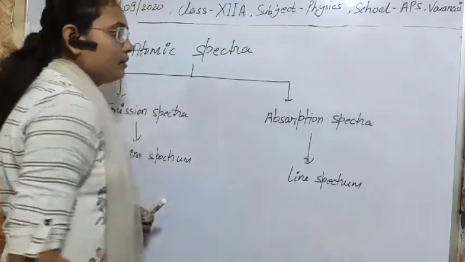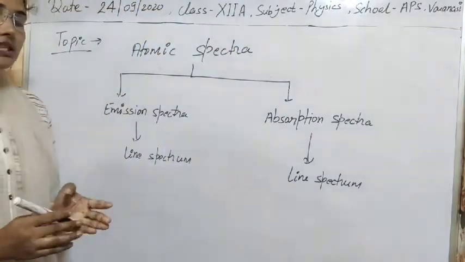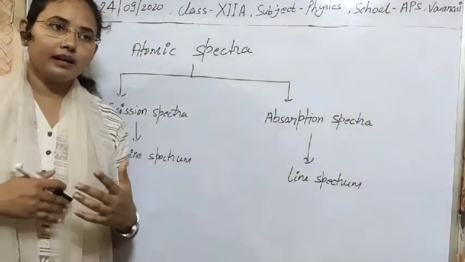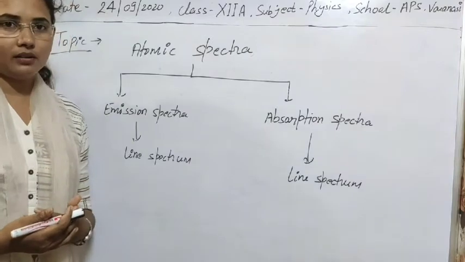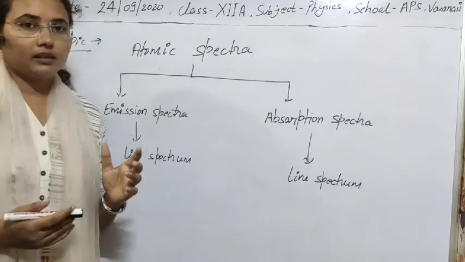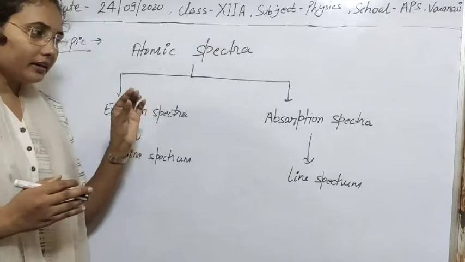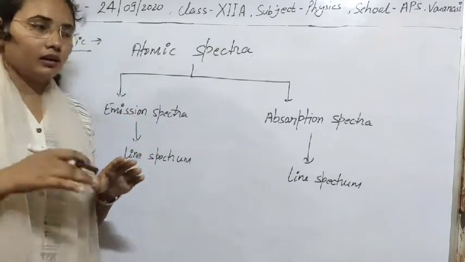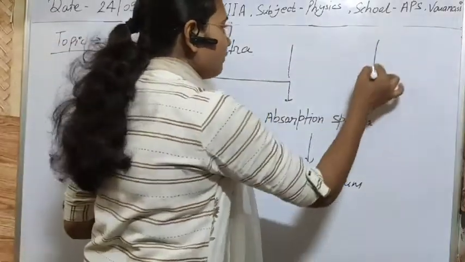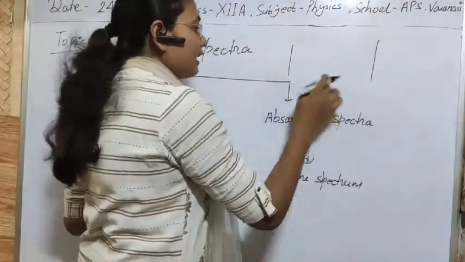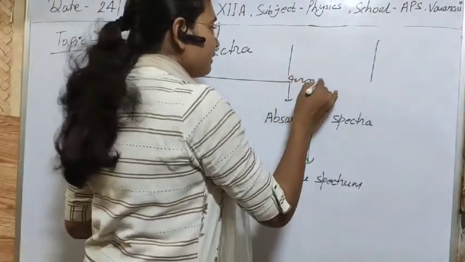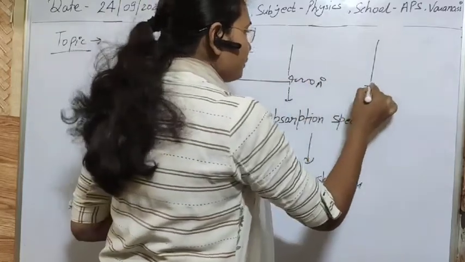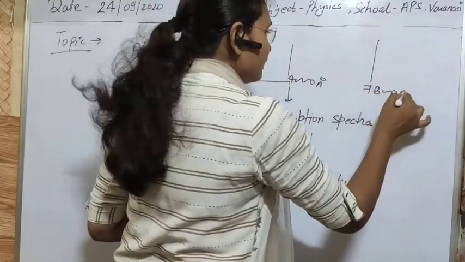Two more concepts I want to tell you, which are continuous spectra and discontinuous spectra. So what is continuous spectra? In continuous spectra we get spectrum for every wavelength. Simple. There will be a range of wavelength, like take the example of white light. Suppose the wavelength starts from 4000 to 8000 angstrom.